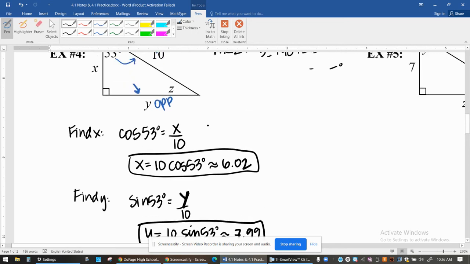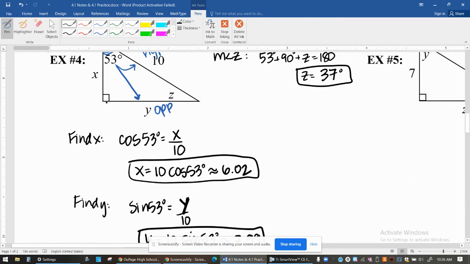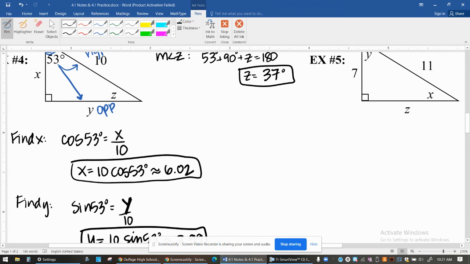So when you're given two angles technically, because the 90 degrees is a freebie, finding the third one should be easy peasy. You just subtract the two angles that you were given from 180, and whatever's left over is your answer. The important thing, guys, is when you're setting up your trig equation, you should only have one variable at a time that you're trying to find, okay? You never want to set up an equation where you have two variables in one.